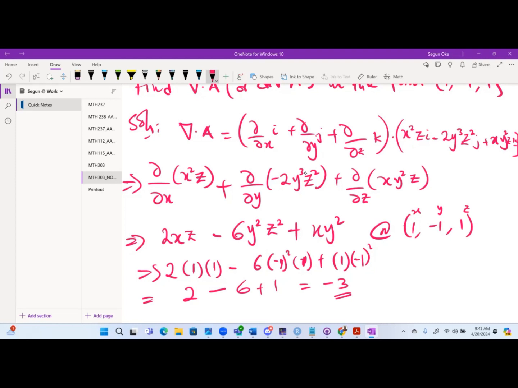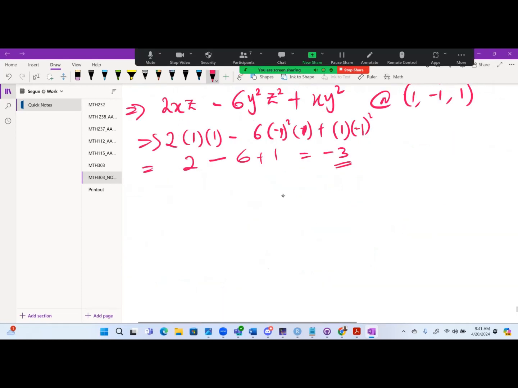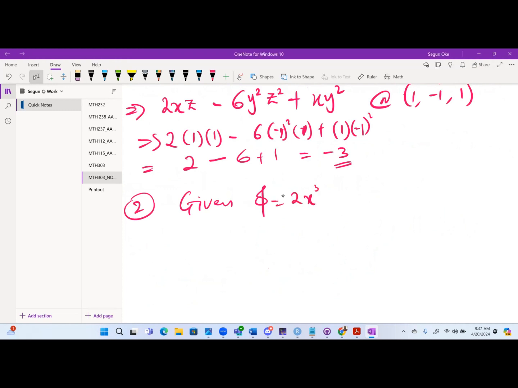But we can also have, let's look at number 2. It says, given phi equals 2x cubed y squared z to the power 4.